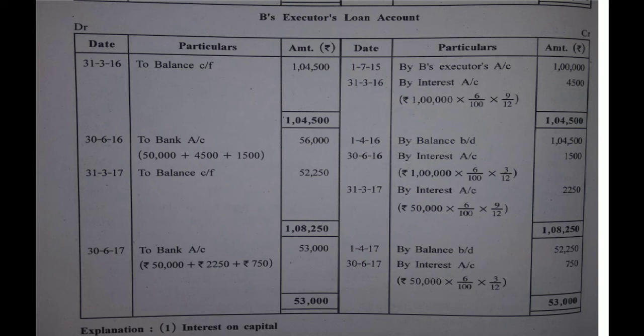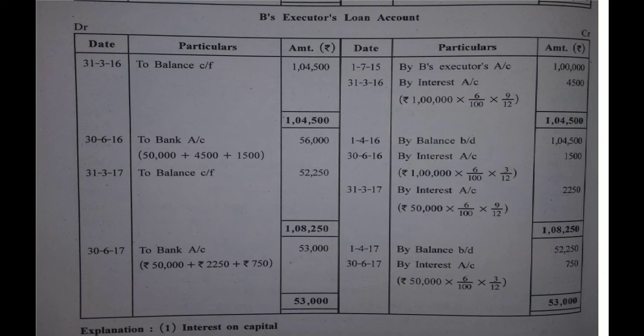Out of 1 lakh, 56,000 you have paid, matlab 50,000 for loan and 6,000 additional interest. Now only 50,000 remains. So interest of 9 months on the same at the rate of 6%. Why have we calculated interest till 31/3/17 only for 9 months?